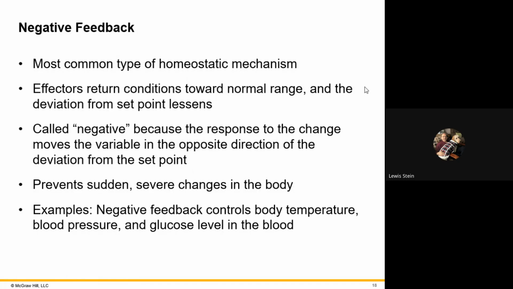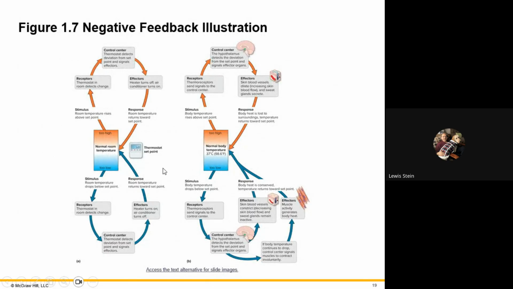Subtle changes we don't perceive. As long as the system's working, we don't have to worry about it. The same is true for salt, calcium, temperature, whether we perspire or shiver, and you'll see a zillion of those things. They prevent sudden severe changes.